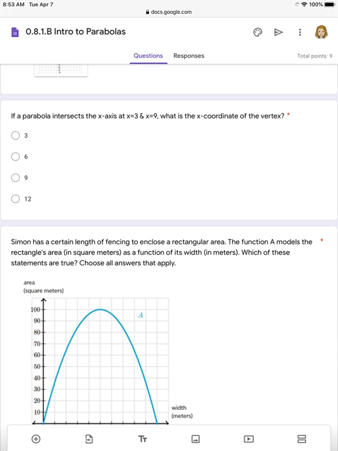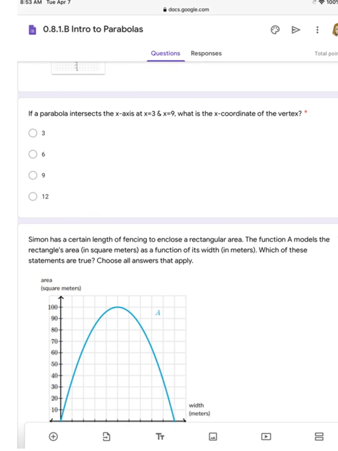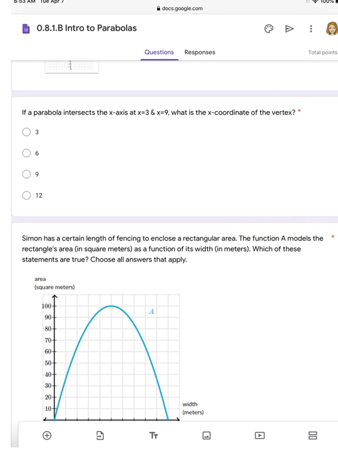All right, so next it says, if a parabola intersects the x-axis at negative 3 and 9, what is the x-coordinate of the vertex? So in one part of the video, it talked about how every parabola is symmetric.